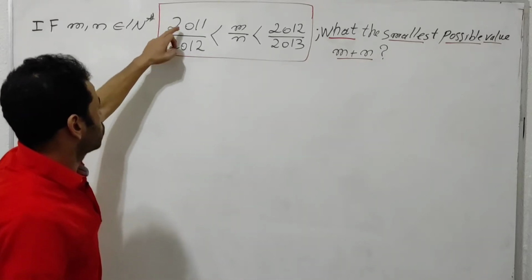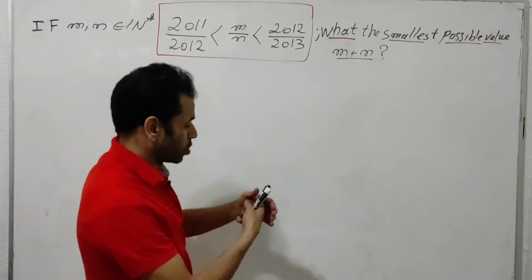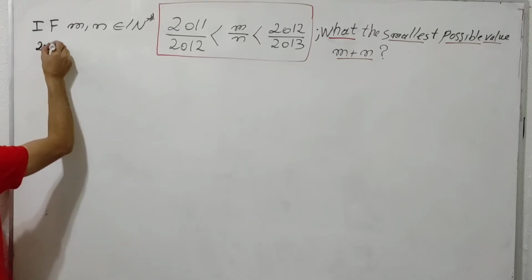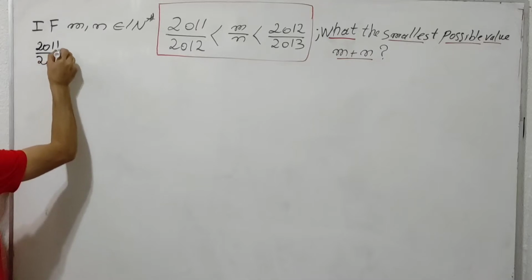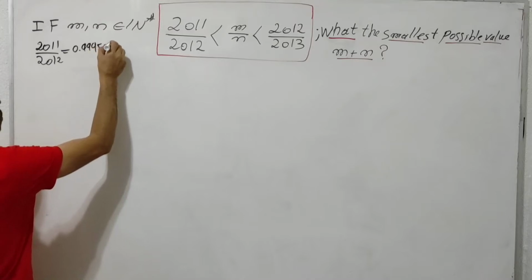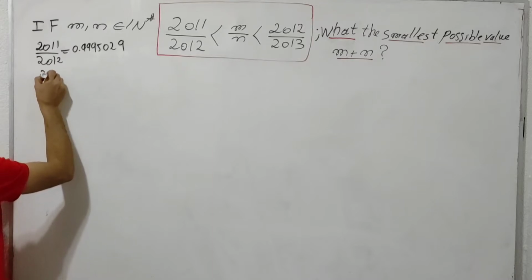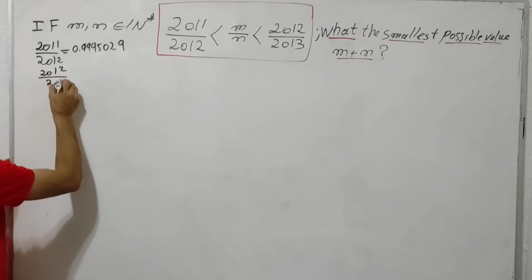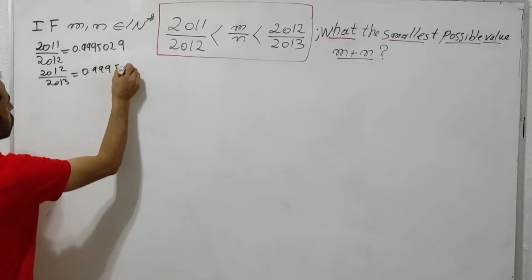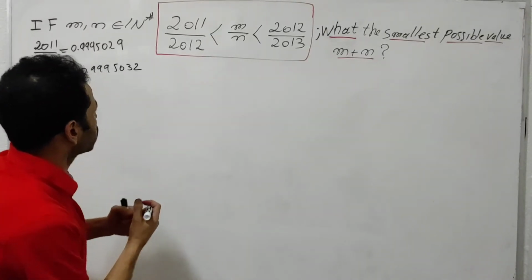If you take a look again, the quotient 2011 over 2012 is almost equal to 2012 over 2013. 2011 over 2012 equals 0.9995029, and the second one, 2012 over 2013, equals 0.9995032. So they are big numbers, but the gap between the fractions is very small.